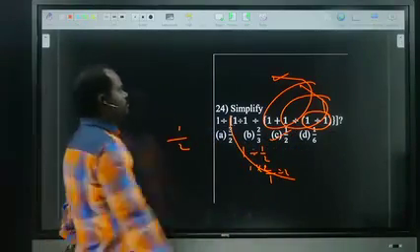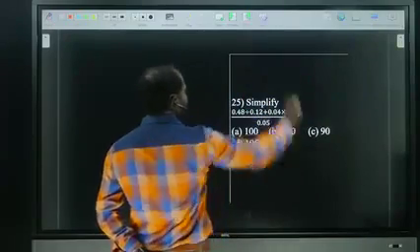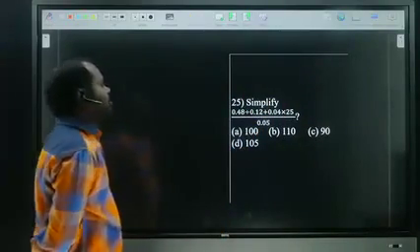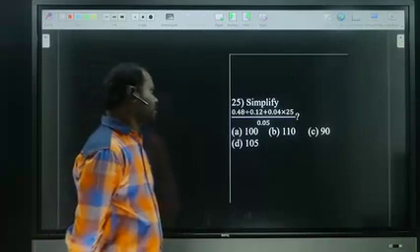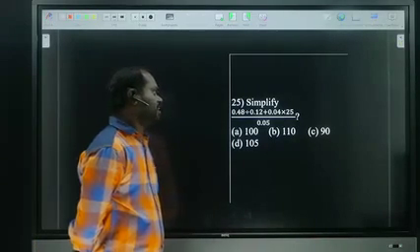Now next. Try this one. 0.48 divide by 0.12 plus 0.04 into 25 divide by 0.05.